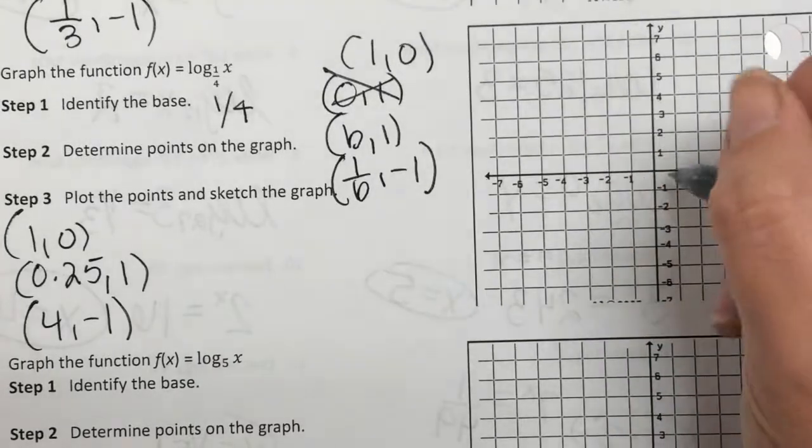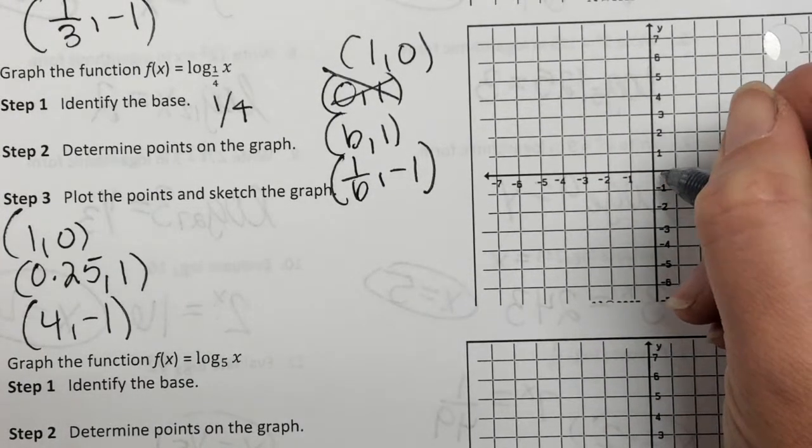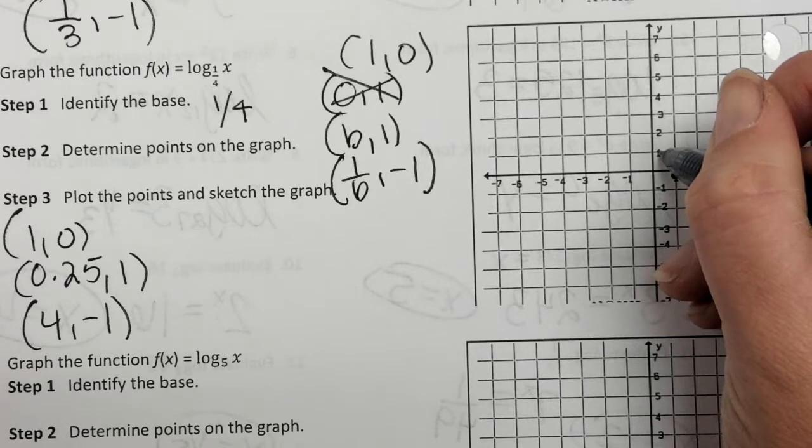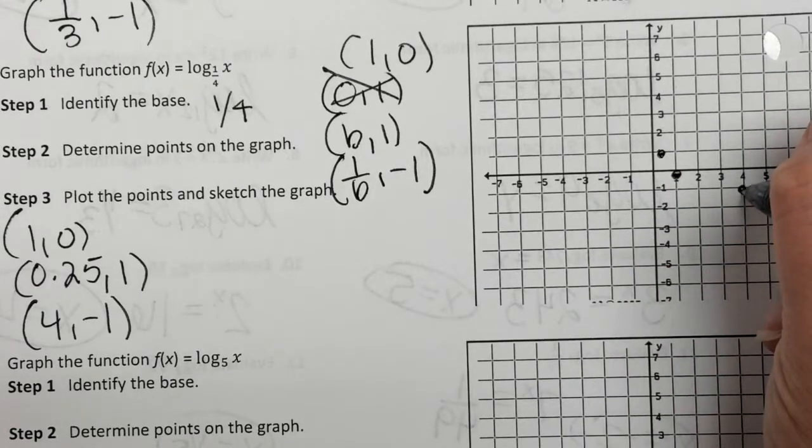Now all you have to do is graph these points. (0.25, 1). (4, negative 1).